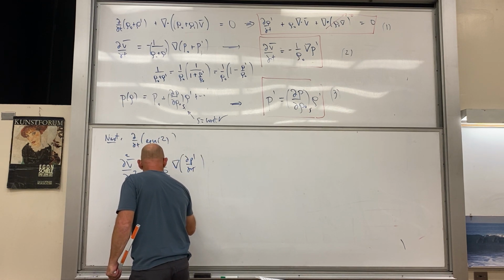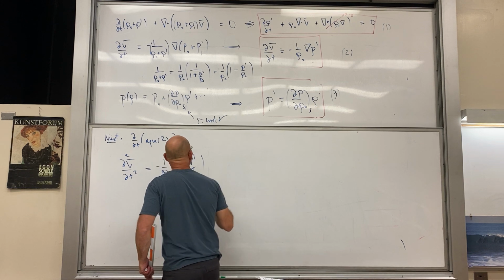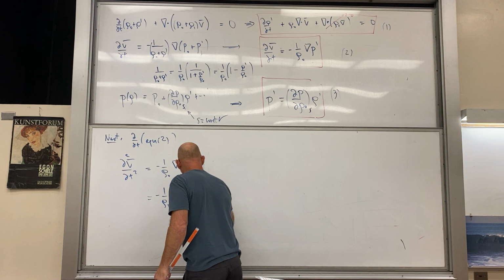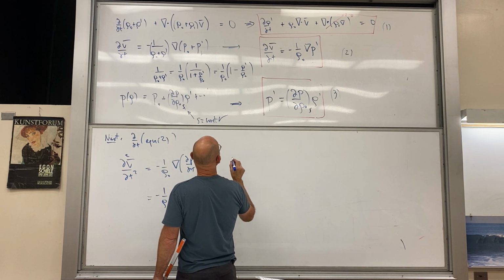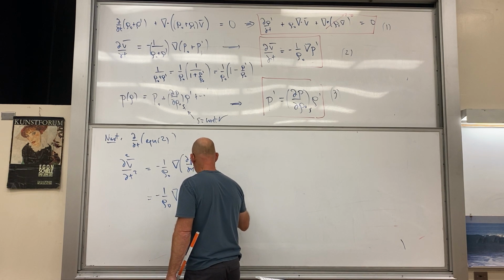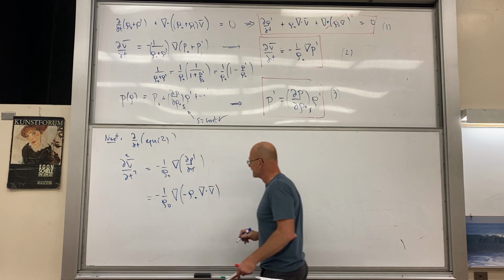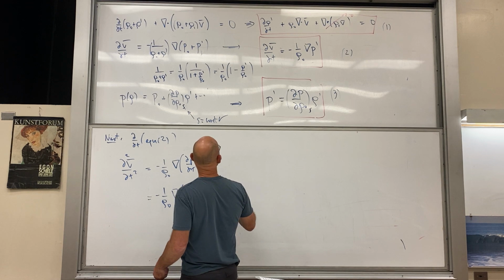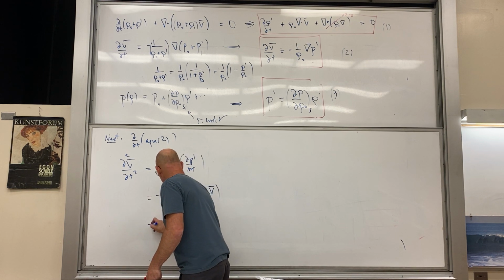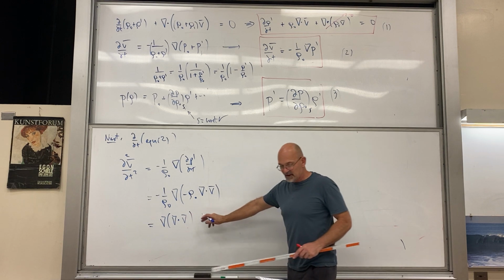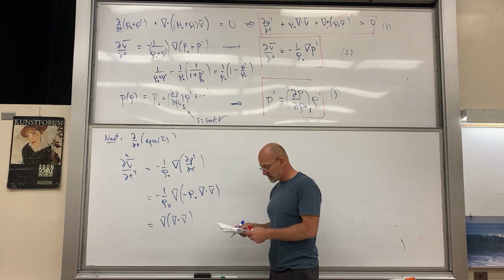So equals minus 1 over rho naught gradient, and we have negative rho naught divergence of v, equals grad div of v.